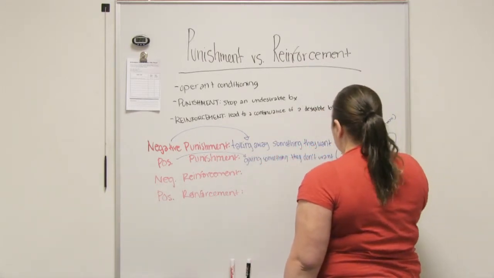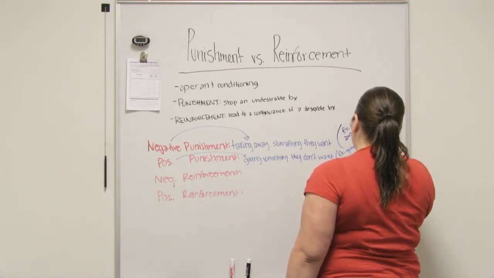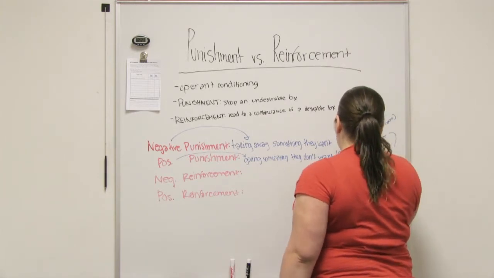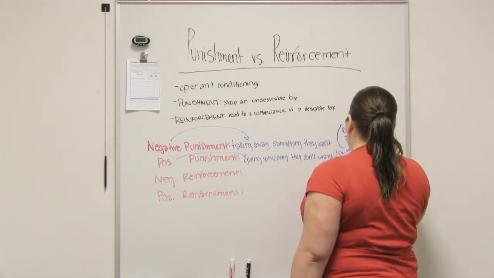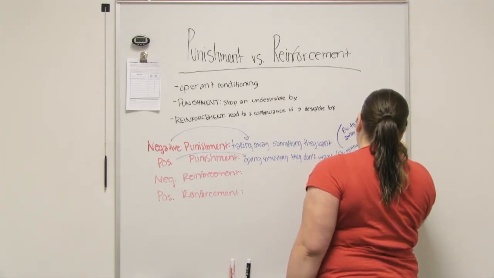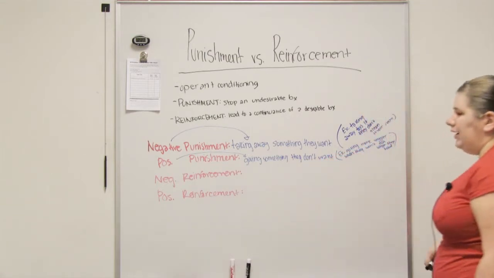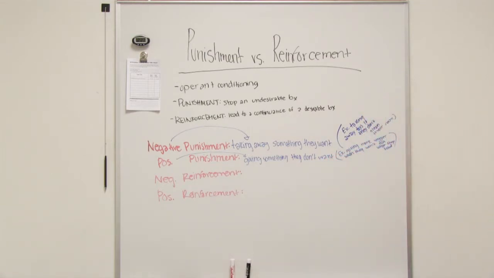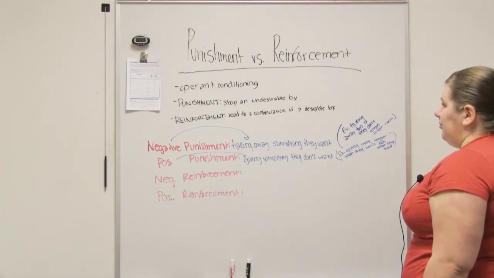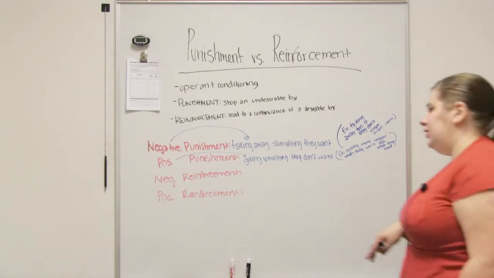So positive punishment would be giving more vegetables when they won't eat what they had. So again, the child doesn't want to eat green beans, so we pile on more green beans and we say, you can't leave the table until you eat all of these veggies. And so by punishing them, we're trying to stop the undesirable behavior of skipping the vegetables.